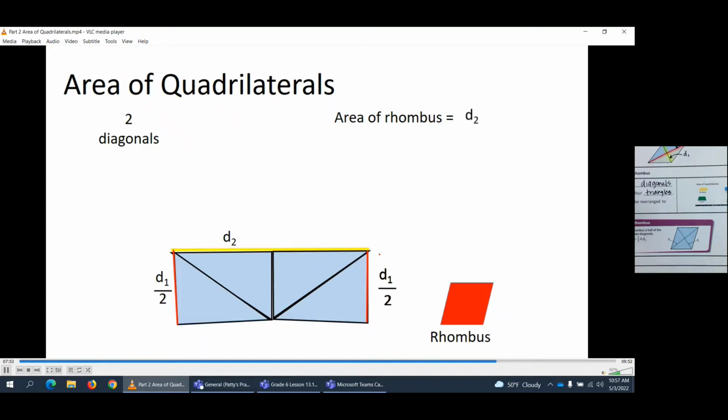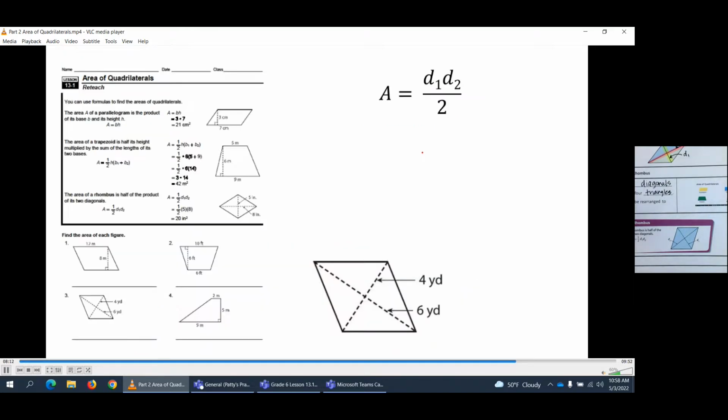So we're going to take the base, which is D2, and multiply it times half of D1, okay? All right, there you go. There is the formula for the area of a rhombus. D1 times D2 divided by 2, okay? So let's do that. Here we go.